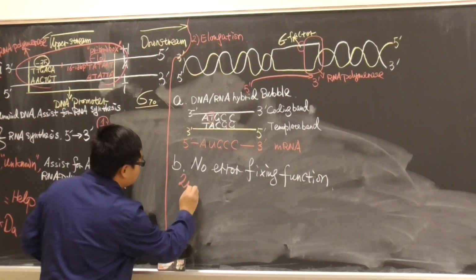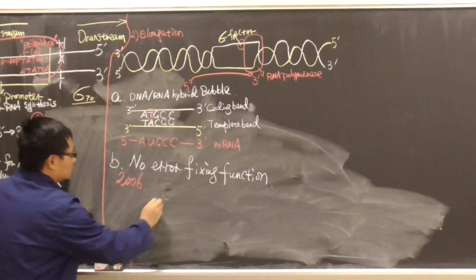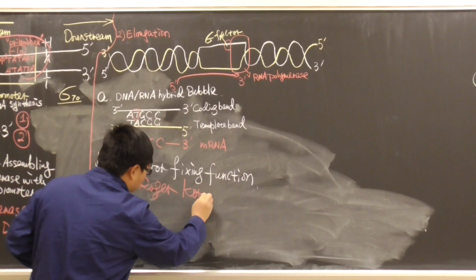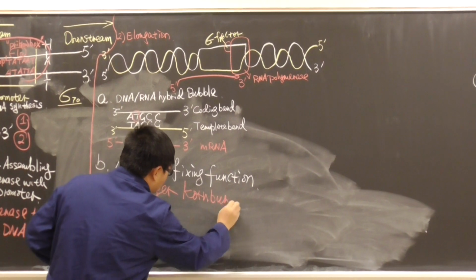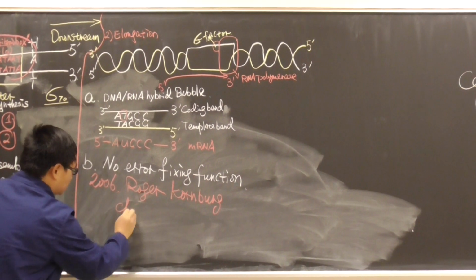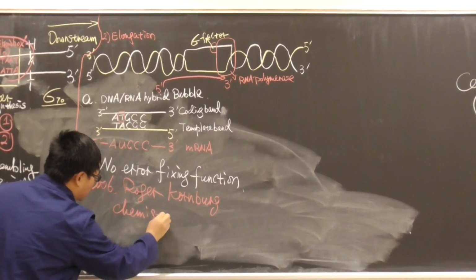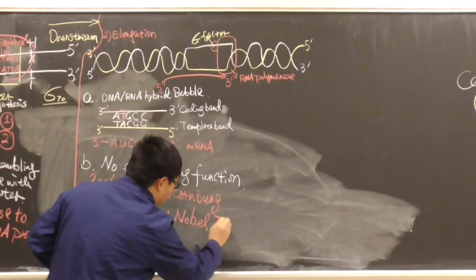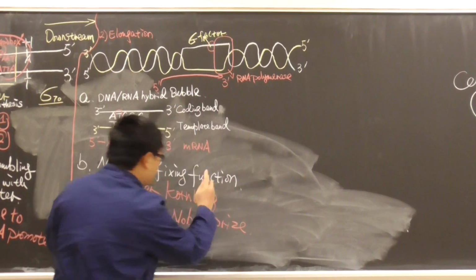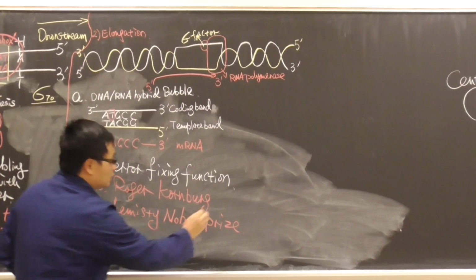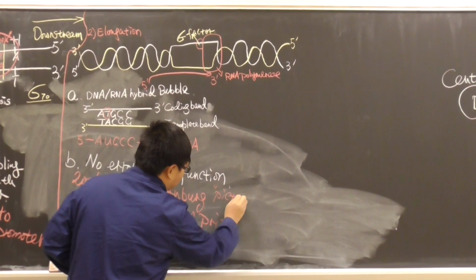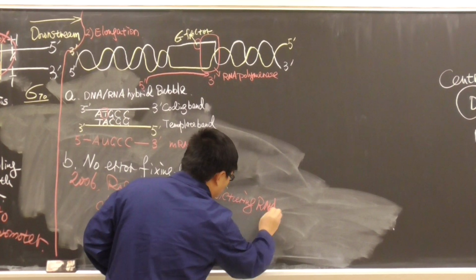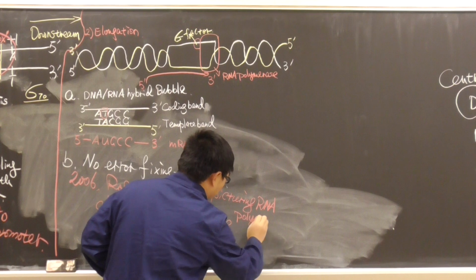In 2006, Roger Kornberg got the Nobel Prize in Chemistry because he is the first person to picture RNA polymerase.